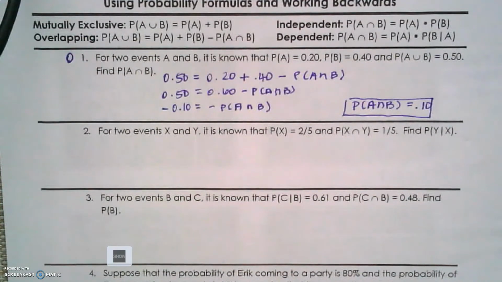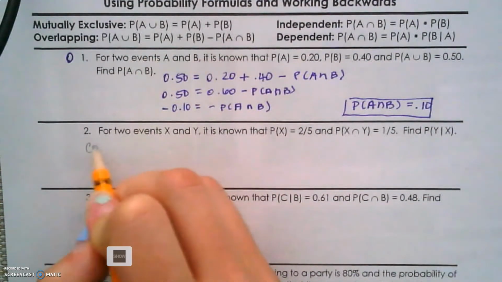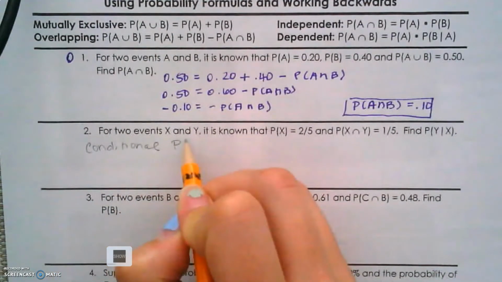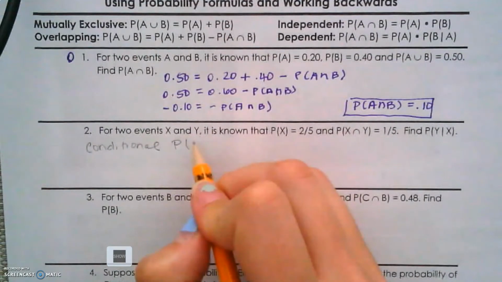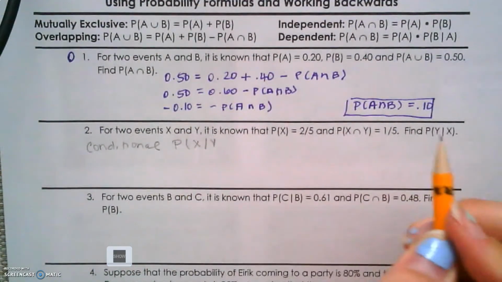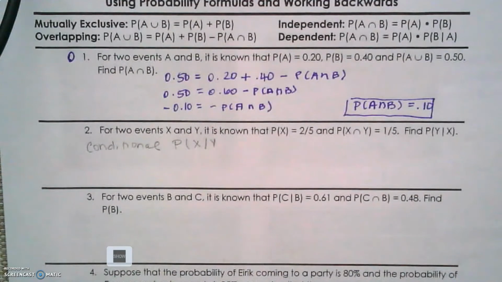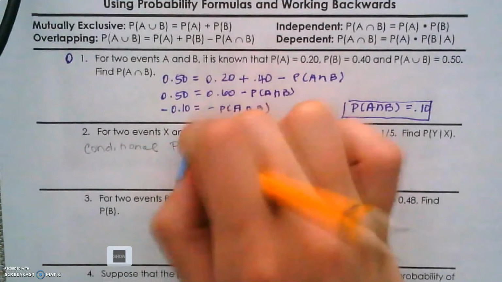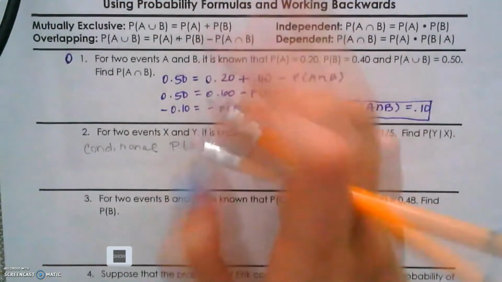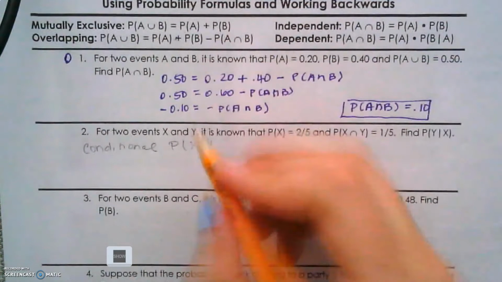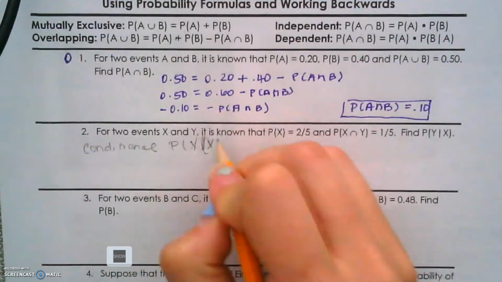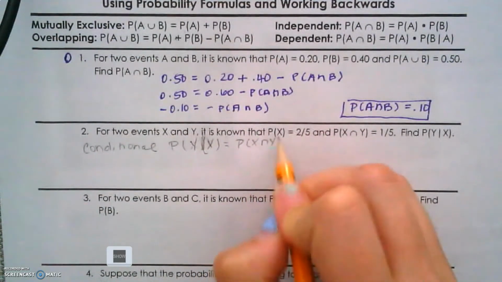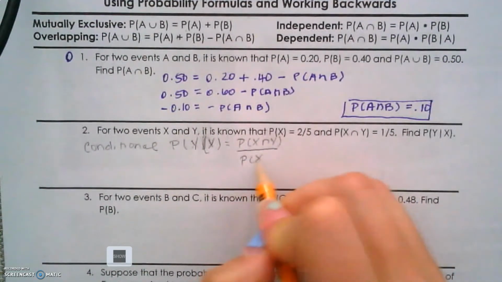So remember the conditional formula: the probability of, we could say, X given Y, or let's see, they said Y given X here. So the probability of Y given X is equal to the probability of their intersection divided by the probability of X.